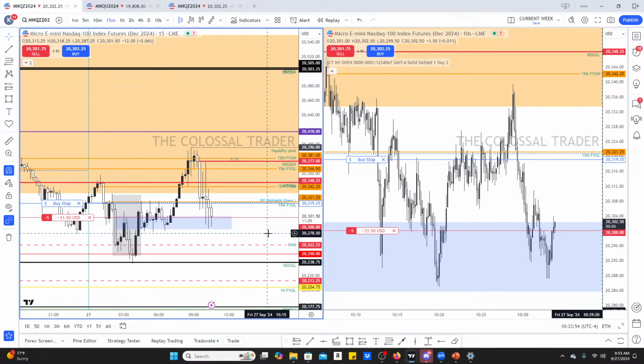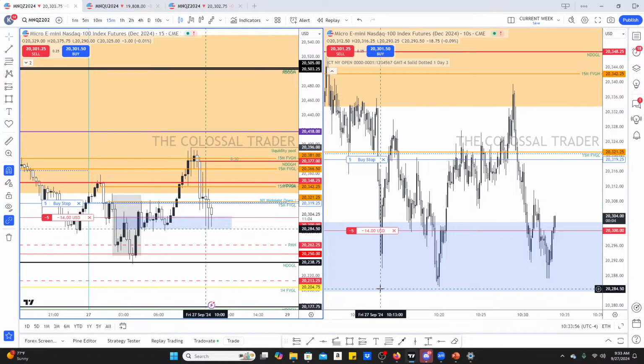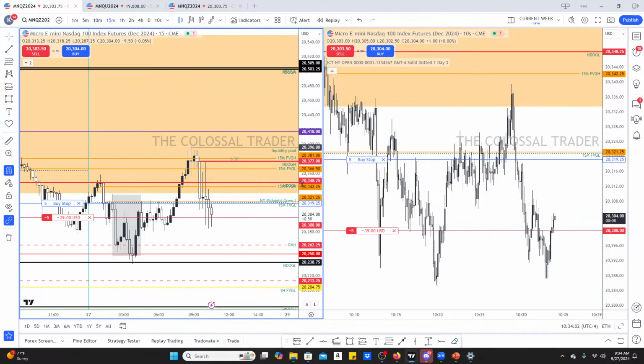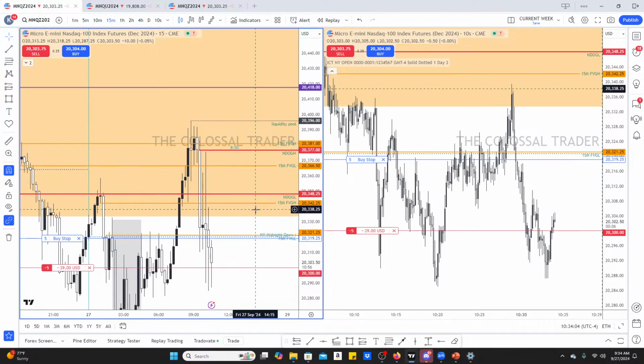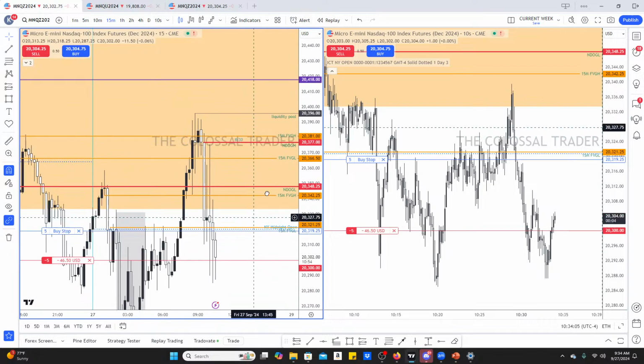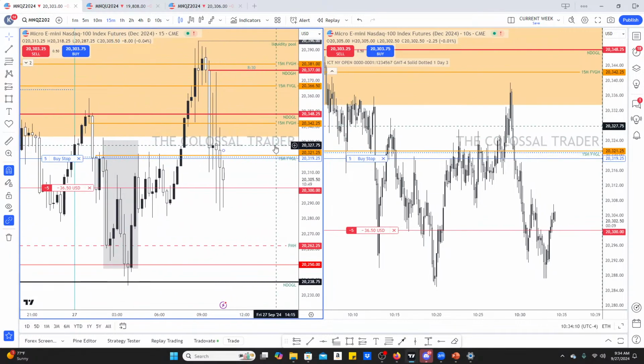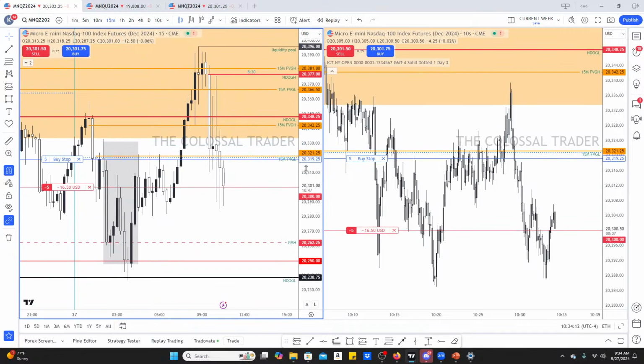Okay, so I'm gonna erase this level too. I don't really care about this level as much. Okay.